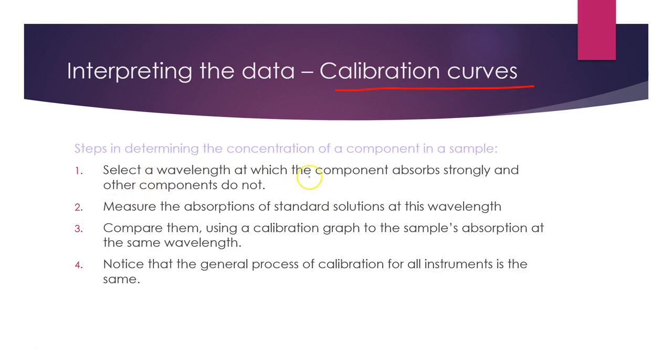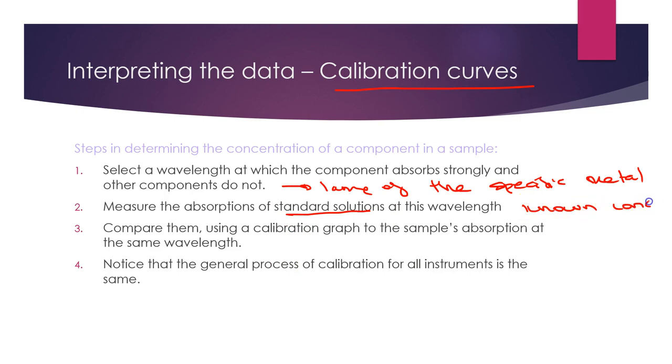So we select the wavelength at which the component absorbs strongly and other components do not. So for AAS, we will have the lamp of the specific metal. So again, if I want to detect calcium, I'm going to have a calcium lamp. Then we will measure absorptions of standard solutions at this wavelength. So remember, standard solutions are solutions of known concentration. So this means I would take a pure sample, a high quality sample of something I wanted to analyze.